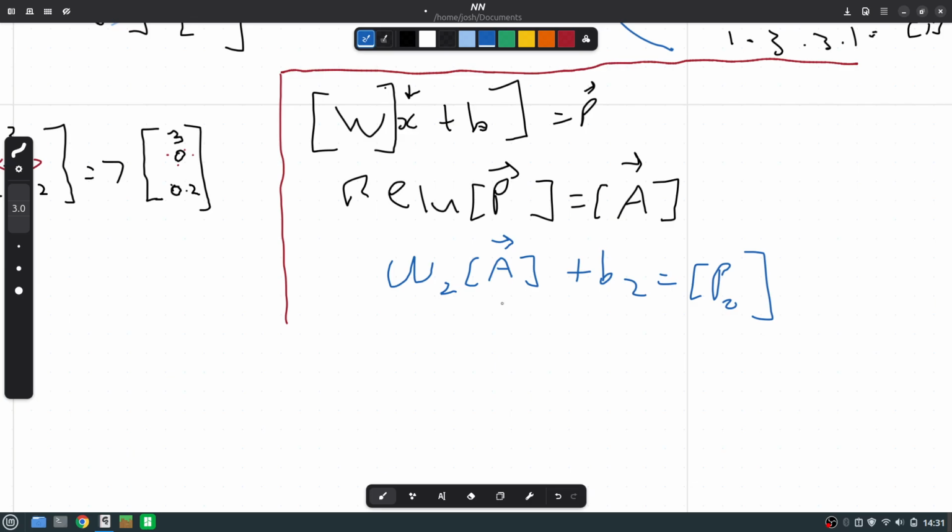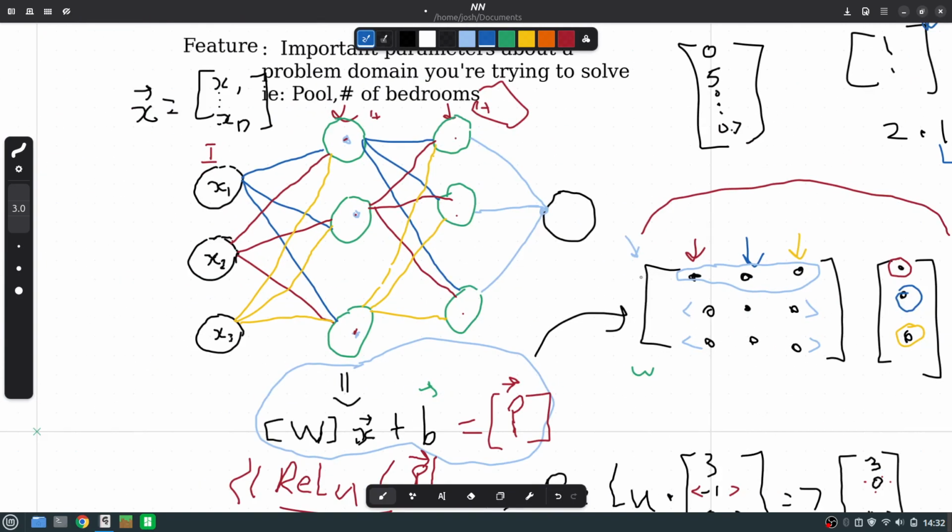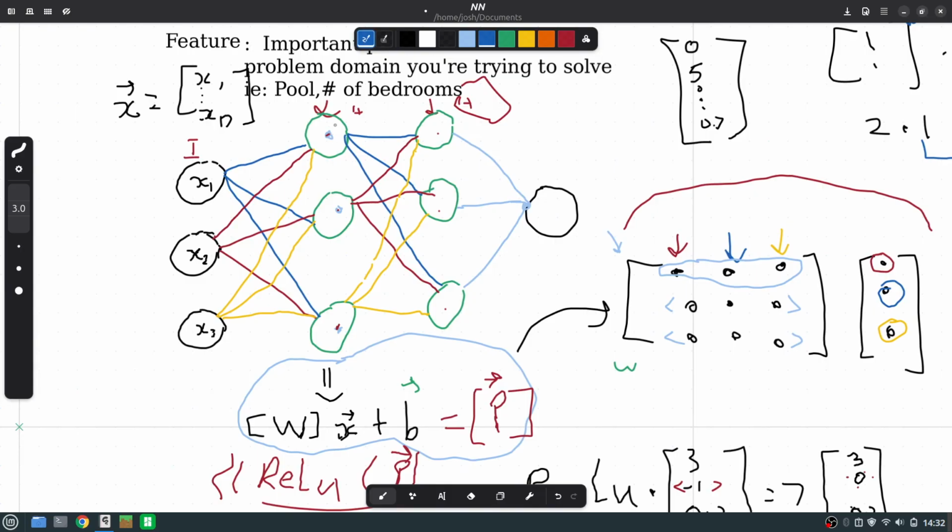And then the input vector into this W matrix is A. And remember we said before that the W matrix is dependent on this input vector. The shapes have to match. So if we look here very carefully, this input vector, or this hidden layer, has 3 neurons inside of it. That means that our W matrix needs to have 3 columns inside of it.